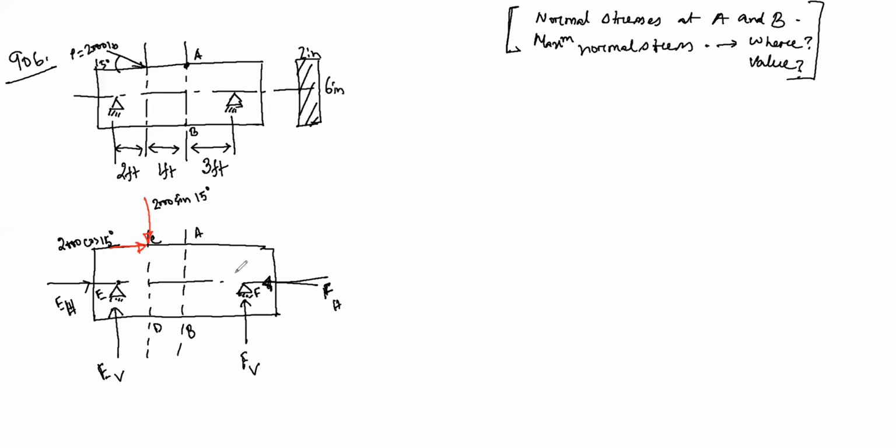So this is my point, and these are my forces, and what is the distance between these two? The distance here is 6 inches, and half of this will be 3 inches. So we know 1 foot equals 12 inches. So 3 inches is equal to 1 by 4 feet, right?